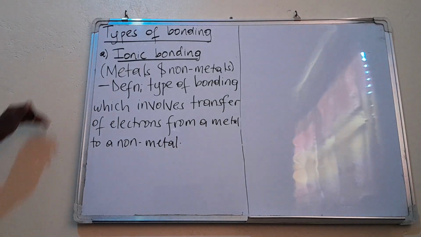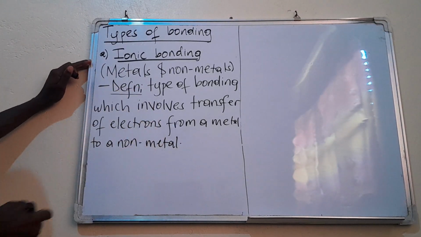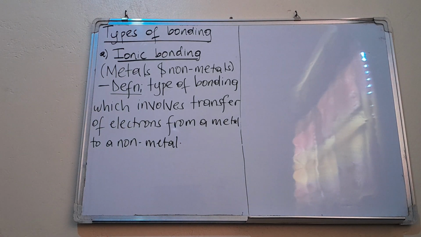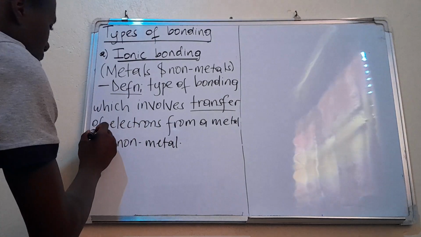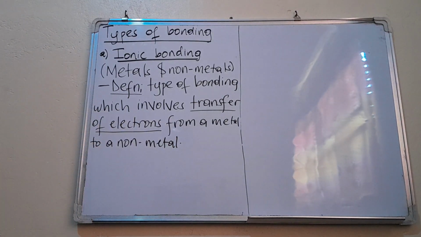Basically, that is the definition. Ionic bonding is the type of bonding which involves transfer of electrons, so we transfer electrons from a metal to a non-metal.